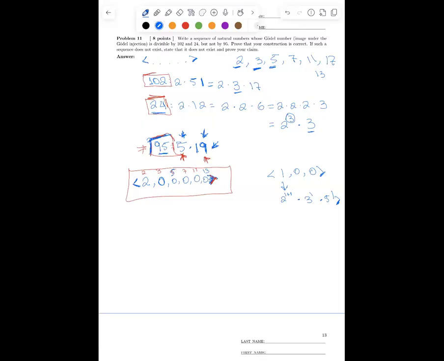So the minimum number of twos I can use is 3, but the minimum number of threes I can use is 1, because it's 3 to the power of 1, and here is 3 to the power of 1. So I don't really need to add them. Is that what you mean? Yeah, thank you.